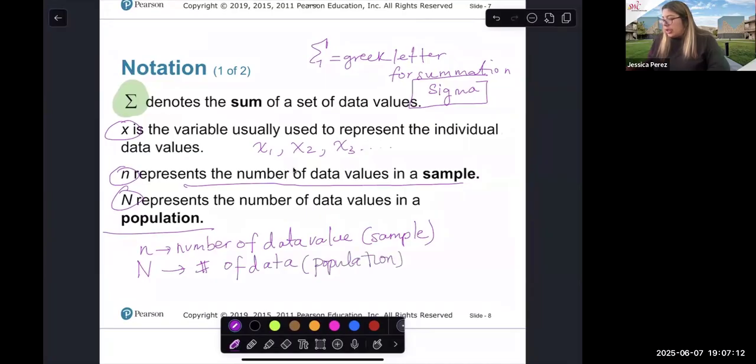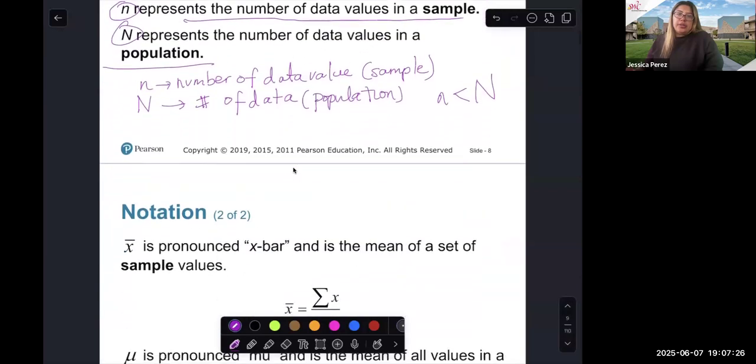Remember that little n will always be smaller than big N because the number in a population is always greater than the number in a sample. A sample is just a handful of what's represented in a population.